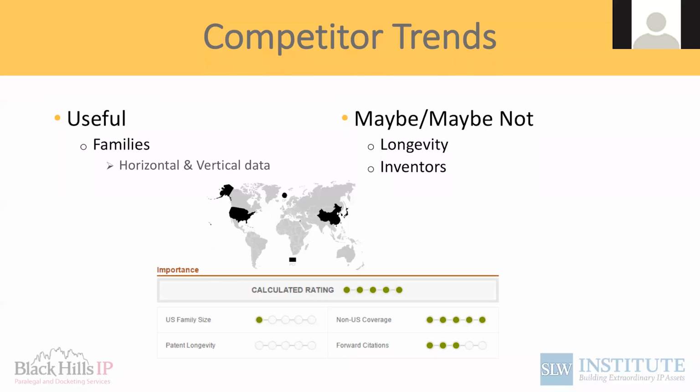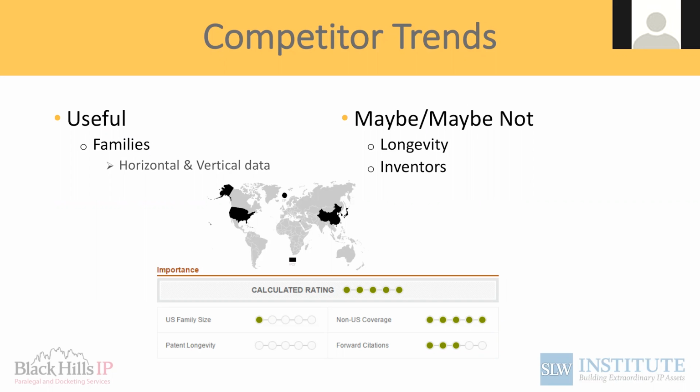The tricky part is that not every company is fully on top of their annuity management. So longevity really depends on that competitor's annuity management practices. If they are active and they're strategic, and they're culling their portfolio and keeping the good stuff and letting the less useful stuff go, longevity data becomes very useful and is well indicative of value-based spend.